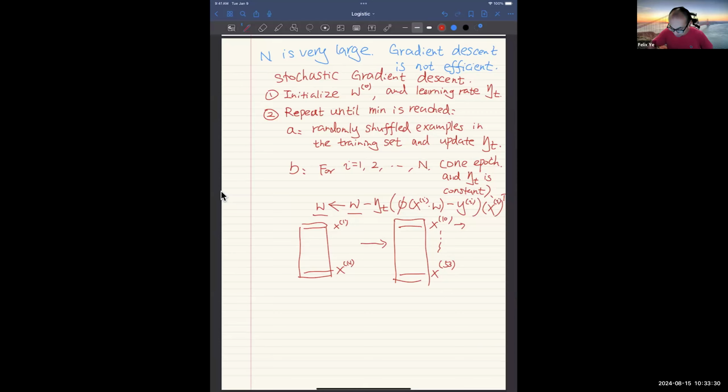If you feed n data one by one from the first one to the last one, that is considered to be one epoch. And during this epoch, for the updating of my W, my learning rate remains constant. So basically it will be the same in these cases. So this is something called stochastic gradient descent.